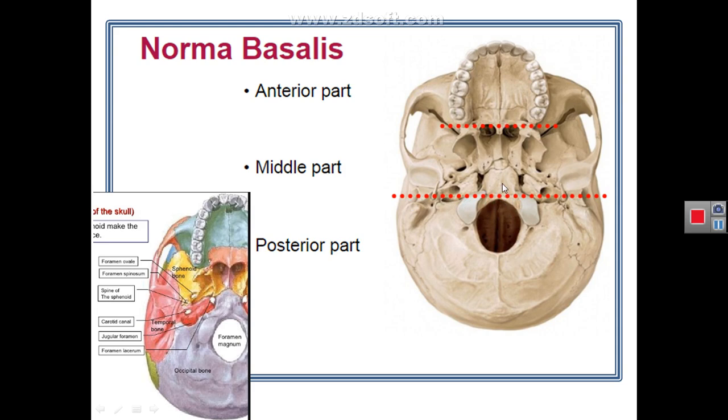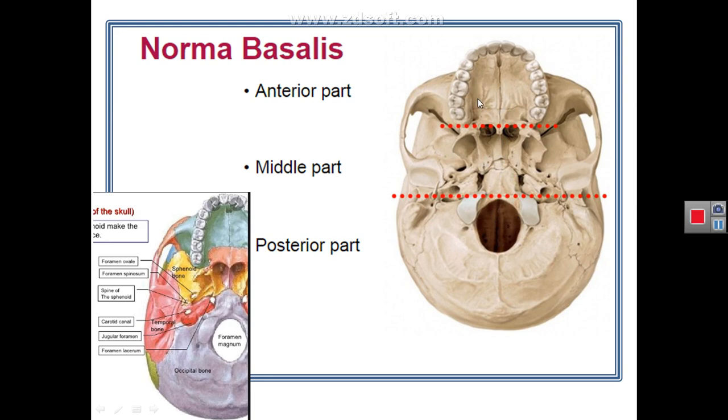So by these two imaginary lines, the base of the skull, which is called norma basalis, or the inferior aspect of the skull, is divided into anterior region, middle region, and posterior region. And we will describe first the anterior region, then the middle region, then the posterior region.